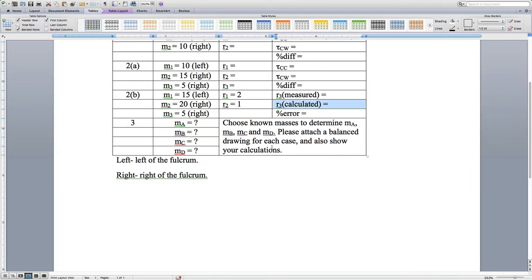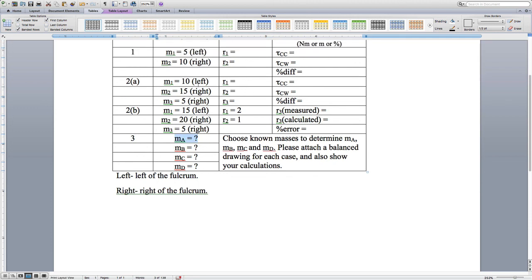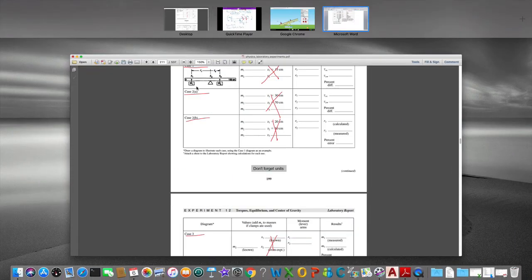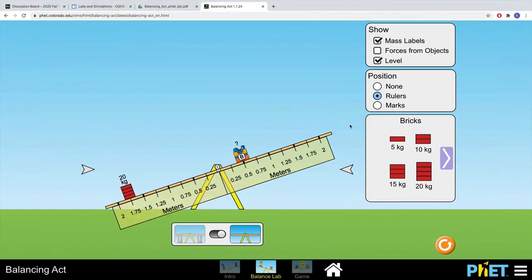Make sure that over here, you must show a balanced diagram. For each of them, I would like to see a diagram. What do I mean by a diagram? Show me a balanced diagram. Like in the previous cases, take a screenshot whenever you achieve a balance, and then attach it to your lab report.